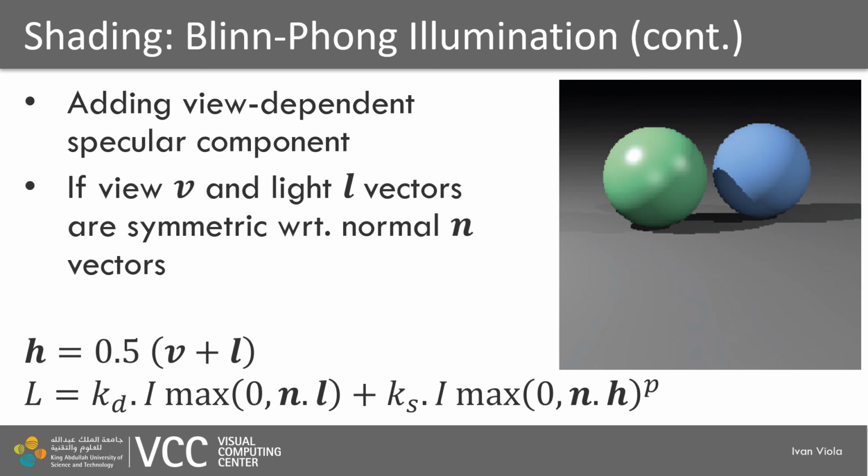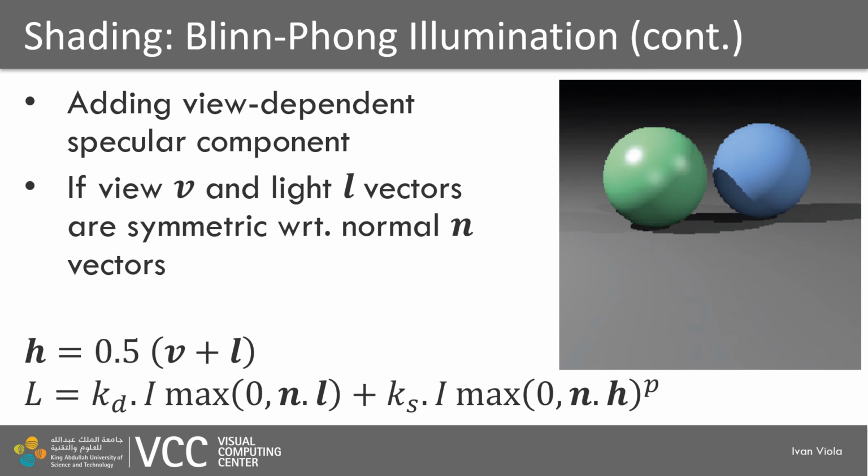Now, if we add the view-dependent specular component into the illumination, we can see the difference on the green sphere, where we can see the specular component. And then we can also see right away how many lights are used for the illumination.